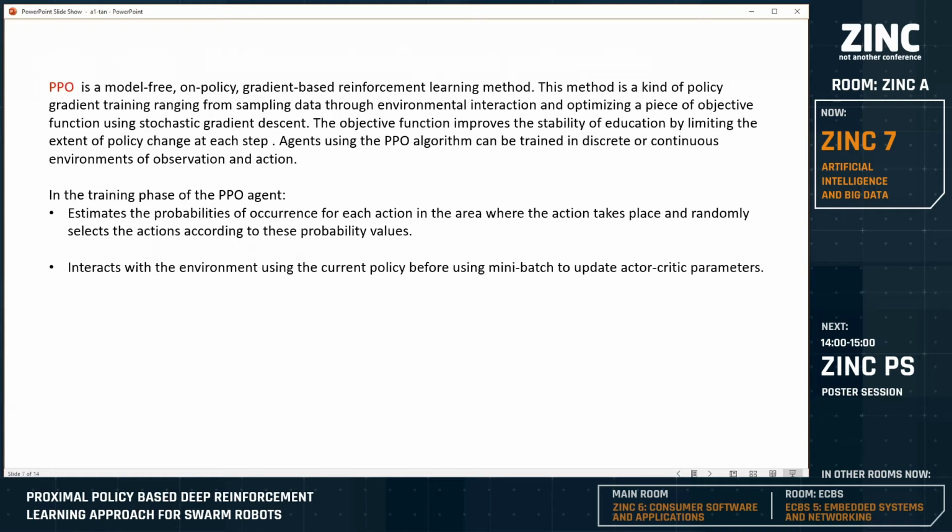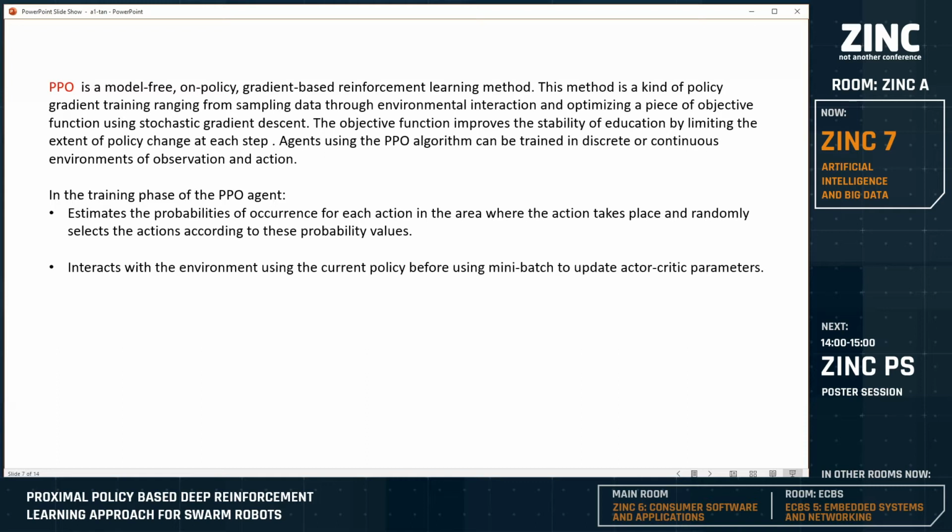This objective function improves the stability of training by limiting the extent of policy change at each step. Agents using the proximal policy optimization algorithm can be trained in discrete or continuous environments of observation and action.